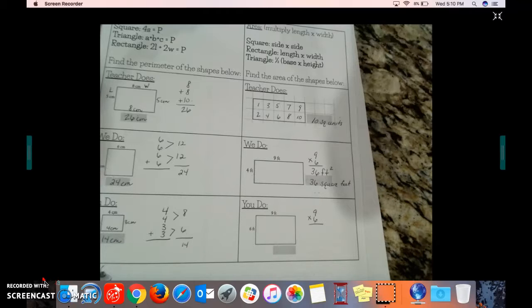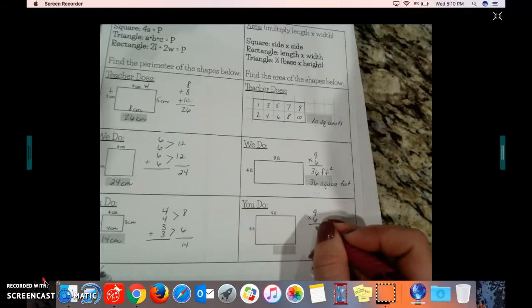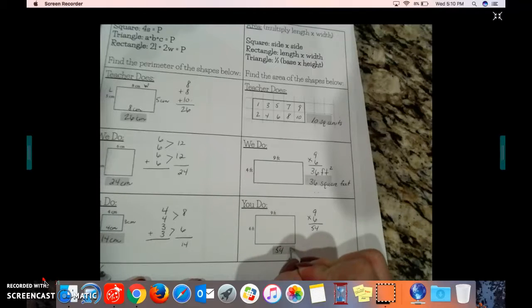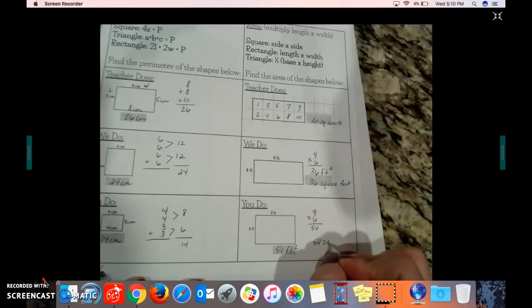Again, if I count by sixes, I know that 9 times 6 is 54. And in this case, they've said it's feet. So again, I could write 54 square feet. Okay? You do not have to write both of those. Choose which one works better for you. Okay? But you do need to include the unit along with your answer.